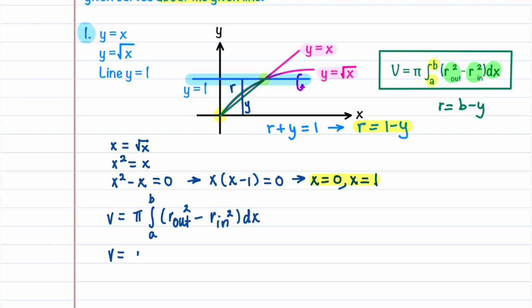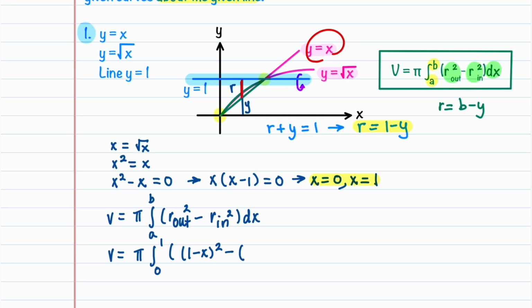Now let's find out what our equation for our outer radius is. We're integrating from 0 to 1. Our outer radius is this distance right here, and that corresponds to y is equal to x. So r is equal to (1 minus x) quantity squared.